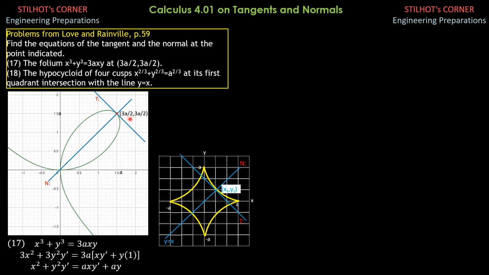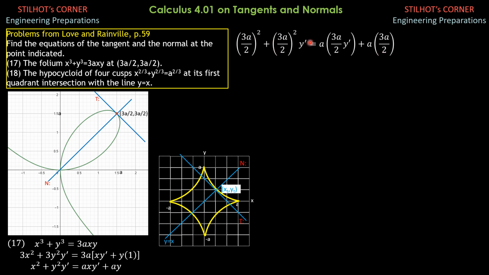We substitute the value of x and y, the coordinates of the point of tangency, 3 halves a comma 3 halves a. So the quantity 3 halves of a squared plus the quantity 3 halves of a squared y prime equals a times 3 halves of a y prime plus a times 3 halves of a.